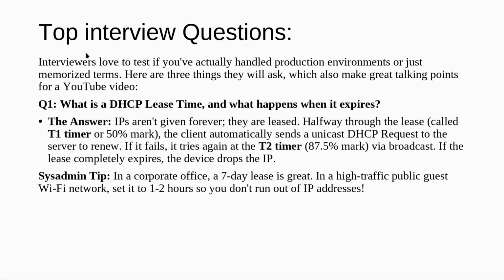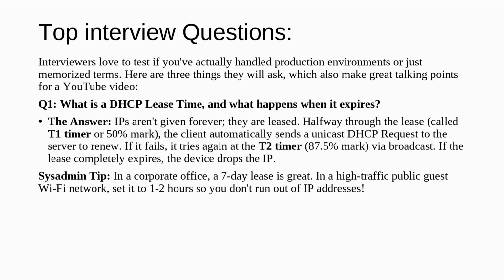So now let's move to some of the interview questions that may be a bit tricky, that you may face during the interview, right? What is the DHCP lease time and what happens when it expires? We have seen lease time in our example of how DORA works. IPs aren't given forever, they are leased.